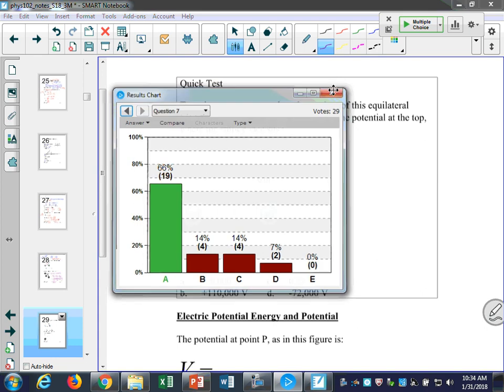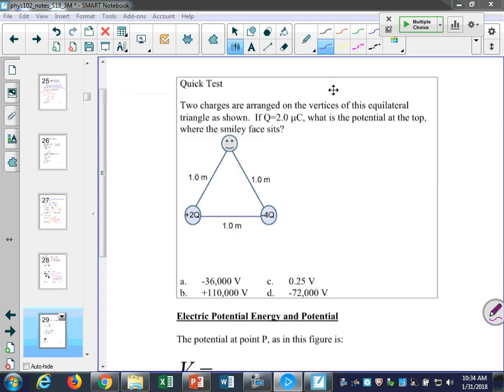Yeah. Look, an easy way to do this is to say, oh, I got 2Q and minus 4Q. They're both at 1 meter. I could just find out the potential for minus 2Q, right? Because that's sort of what's left over after they cancel out. I'll do it the long way in just a second.